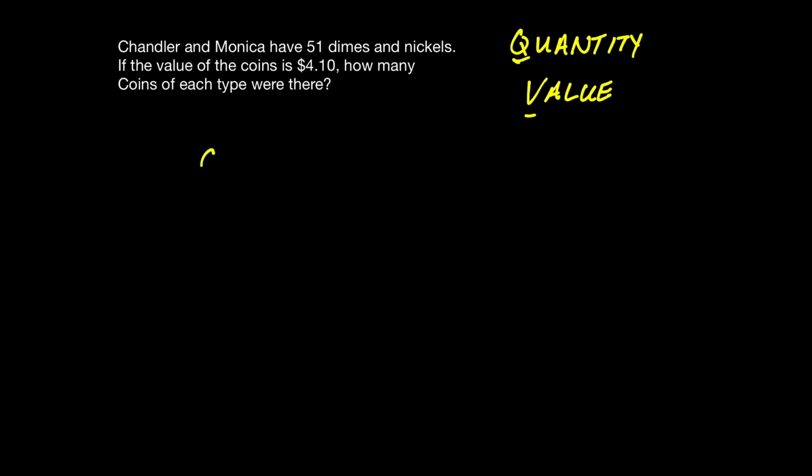So I'm going to let D equal the number of dimes, plus N, the number of nickels, is 51. There's a total of 51 coins. So this is just the number of dimes, this is just the number of nickels, and the total number of coins is 51.